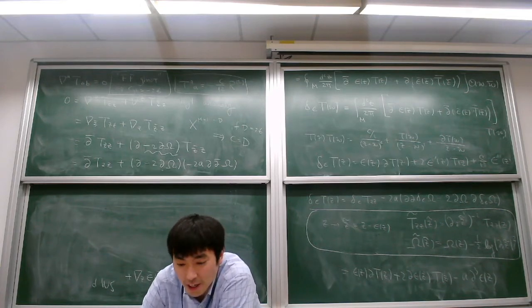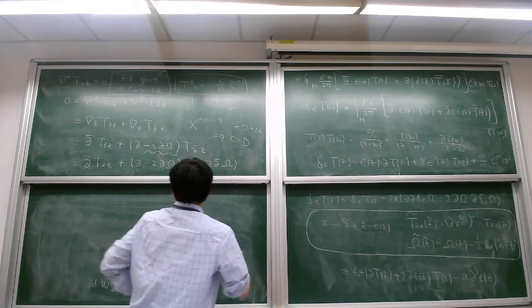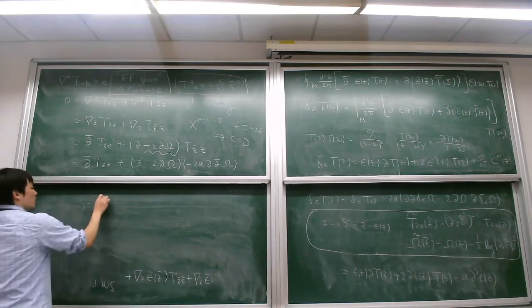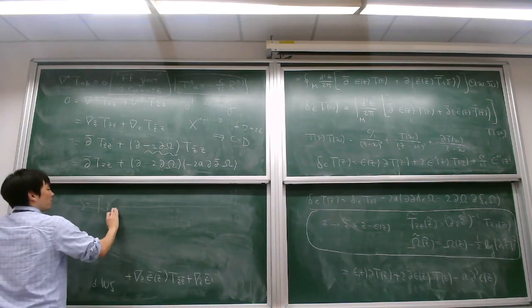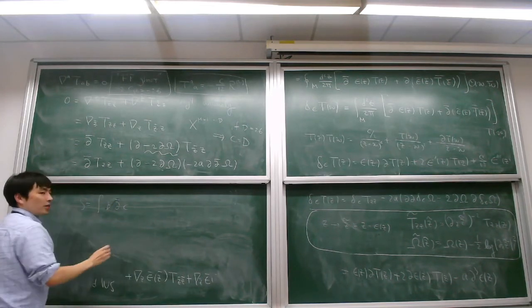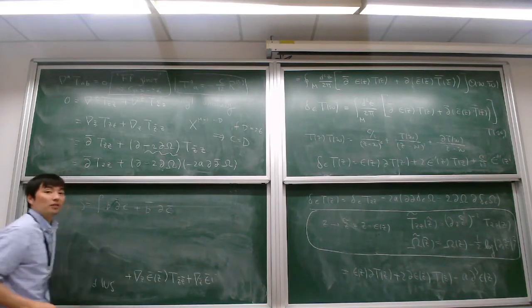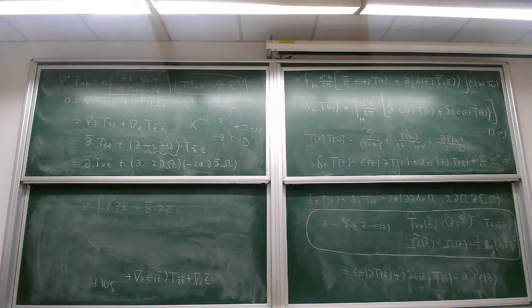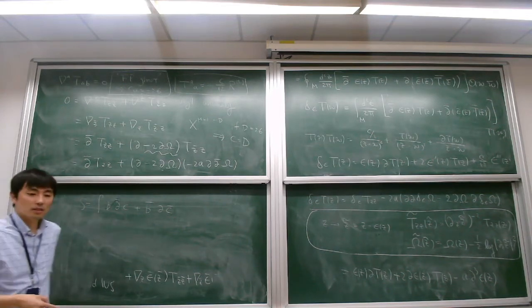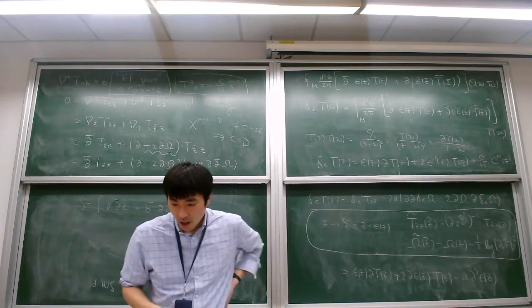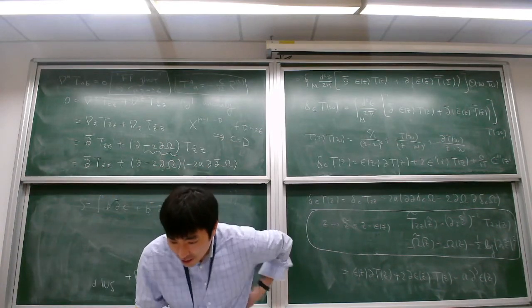He just starts with the action S equal to B. You can also add the anti-holomorphic sector, you need to add this one. So he only focused on the holomorphic sector. Am I correct? I may be wrong.